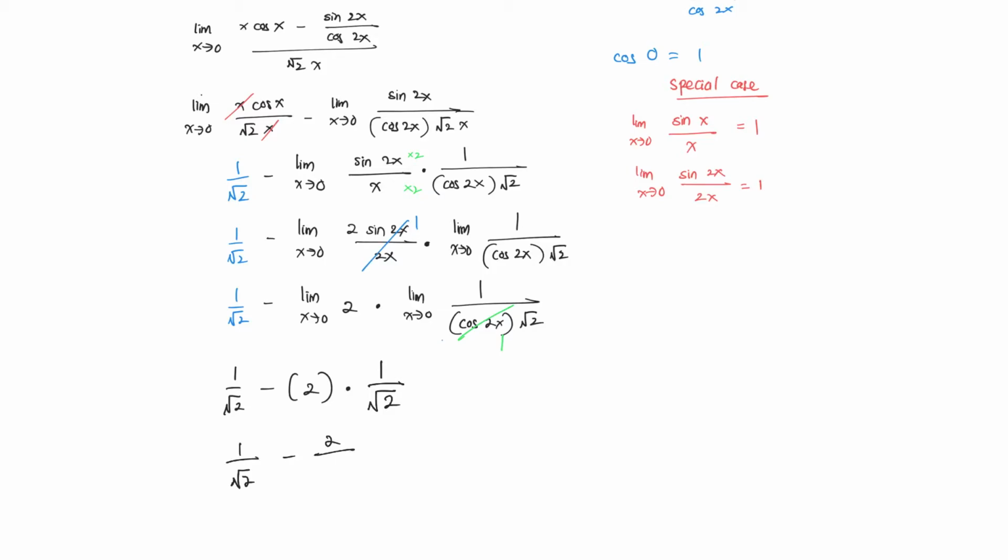Now let's multiply that 2 with 1 over sec 2, then we get 2 over sec 2. And finally, you just need to subtract this from the first part. So 1 over sec 2 minus 2 over sec 2, you get negative 1 over sec 2, and that is your answer.